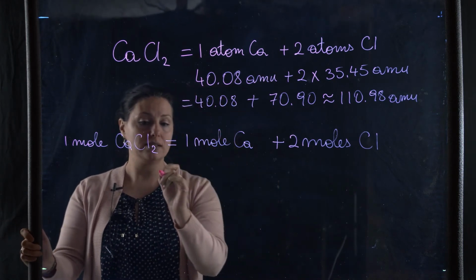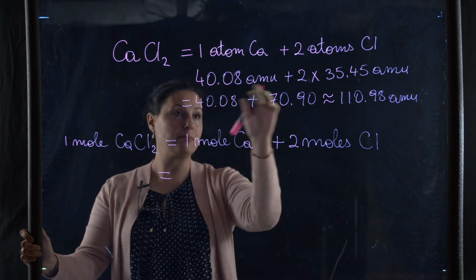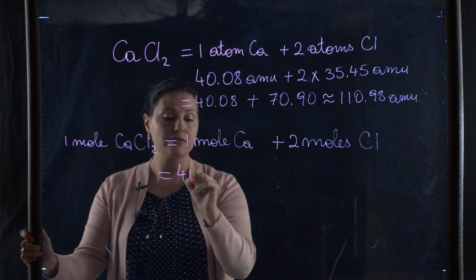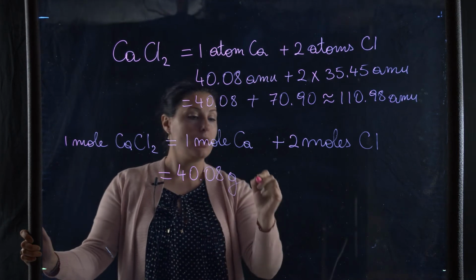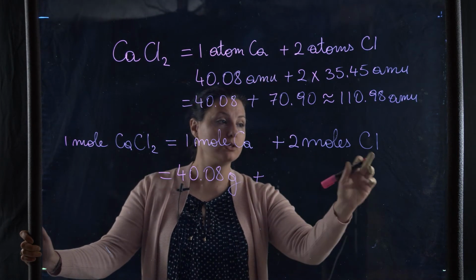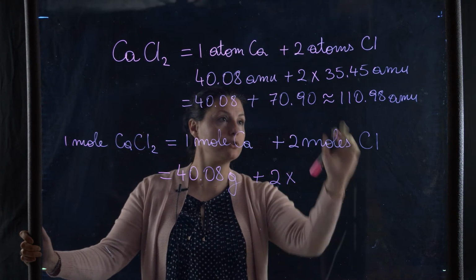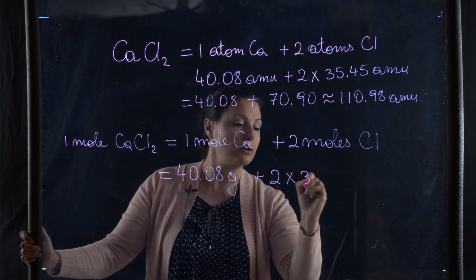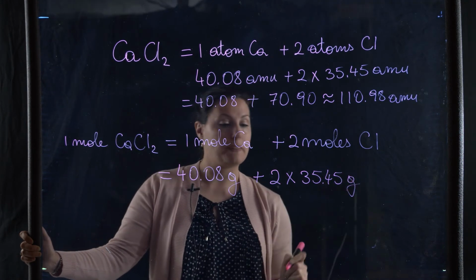1 mole of calcium, once again, instead of 40.08 AMUs up here, actually weighs 40.08 grams. Plus 2 moles of chlorine, 2 times 1 mole of chlorine, which weighs 35.45 grams.